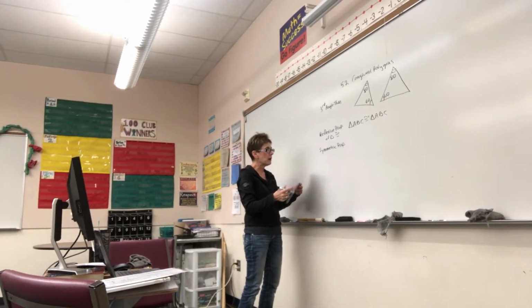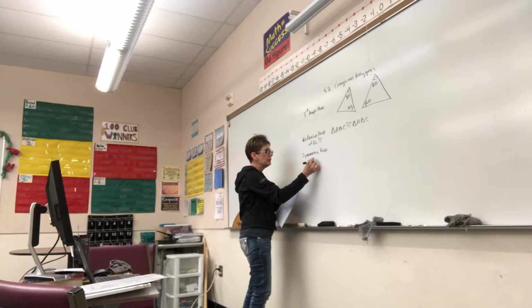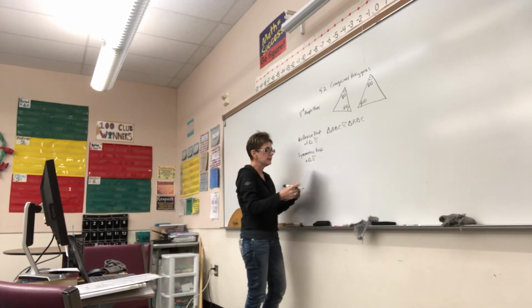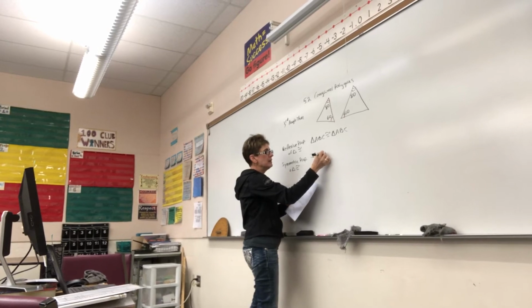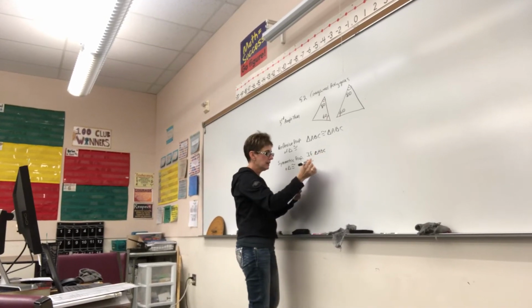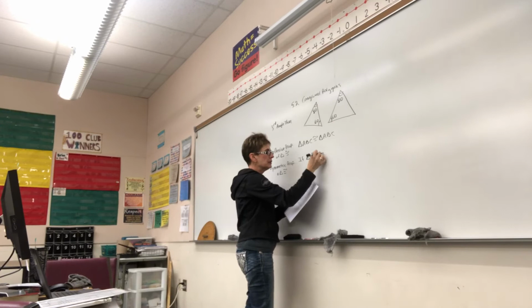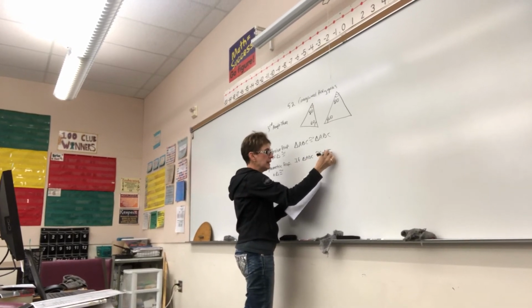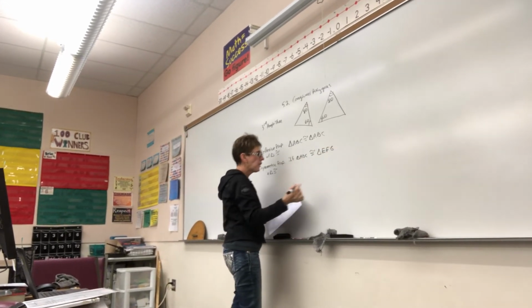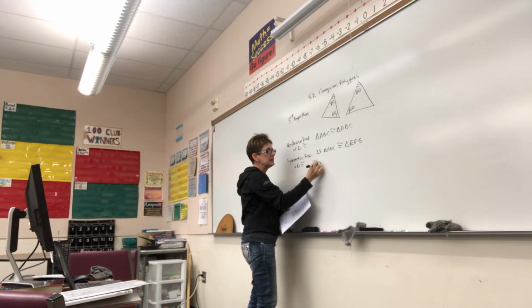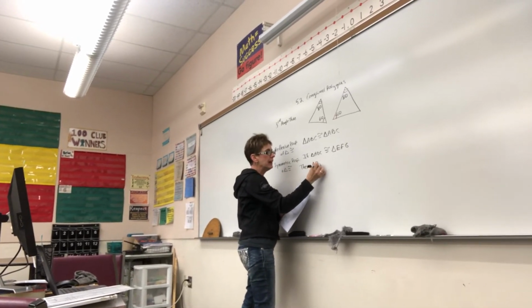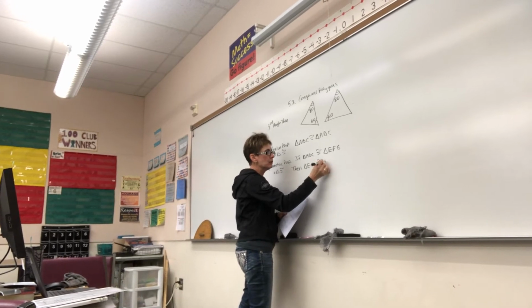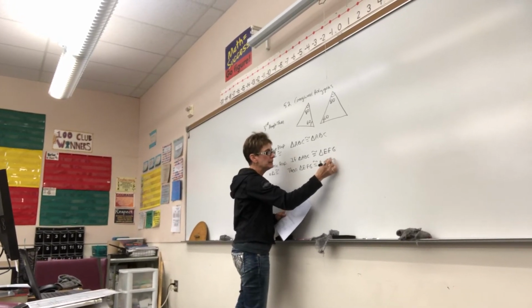So the symmetric property of triangle congruence says that if triangle ABC is congruent to triangle EFG, then, and you basically just flip the order here, triangle EFG is congruent to triangle ABC.